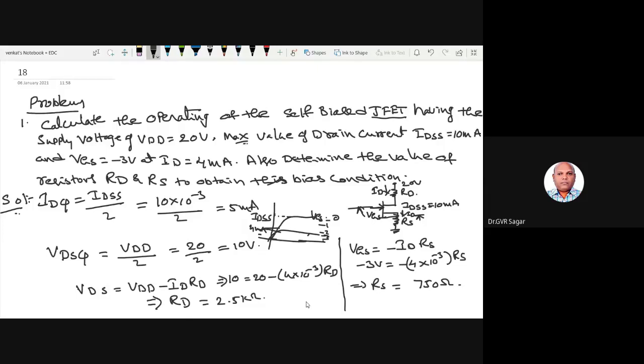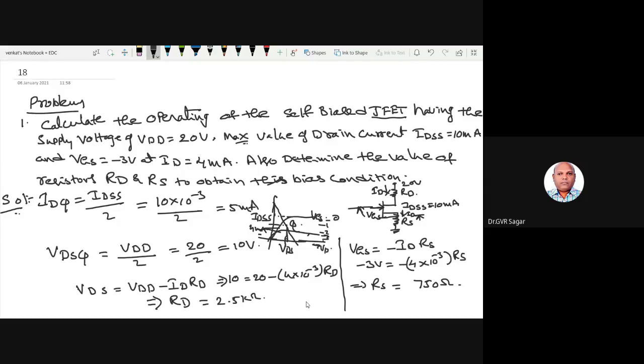So determine the values of resistors RD and RS. First, the operating point Q, with VDSQ and IDQ. What is the value of VDS? What is the value of ID? This is called VDS.